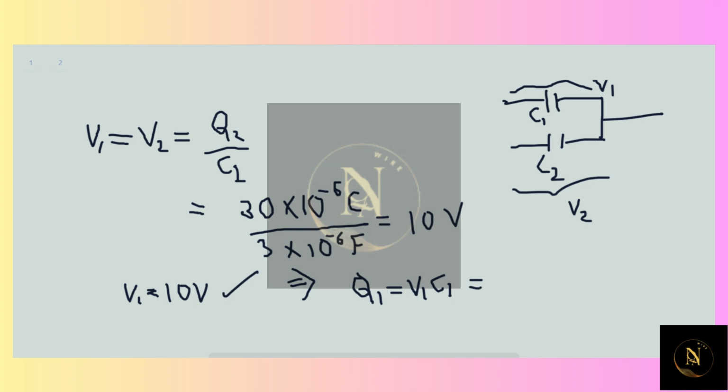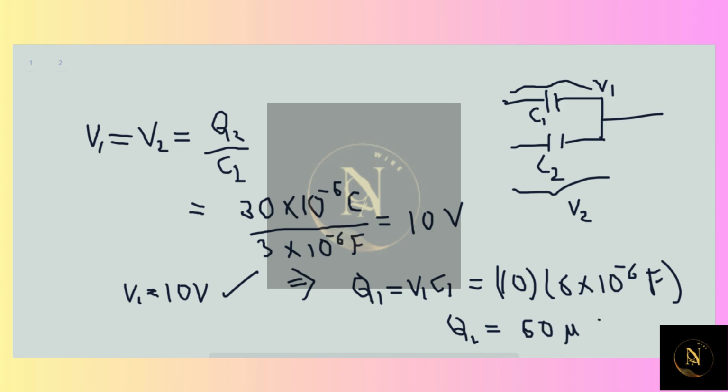My V1 I have already found to be 10 volts, times the capacitance C1, which is 6 microfarad, so 6 times 10 raised to negative 6 farad. And this value comes out to be 60 microcoulomb. So that's the charge on the first capacitor.